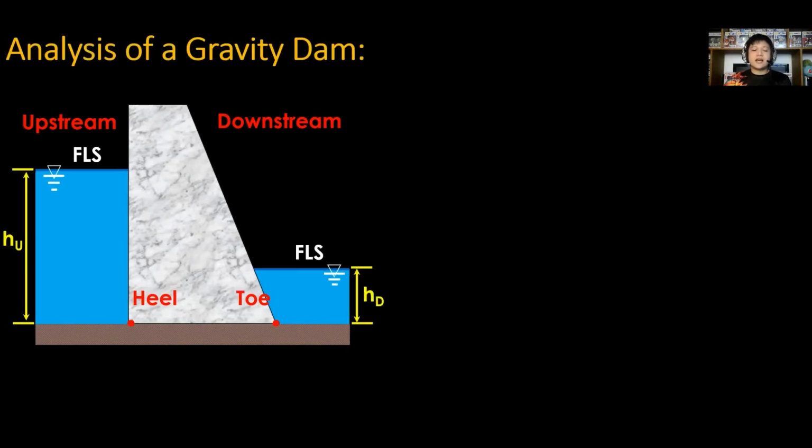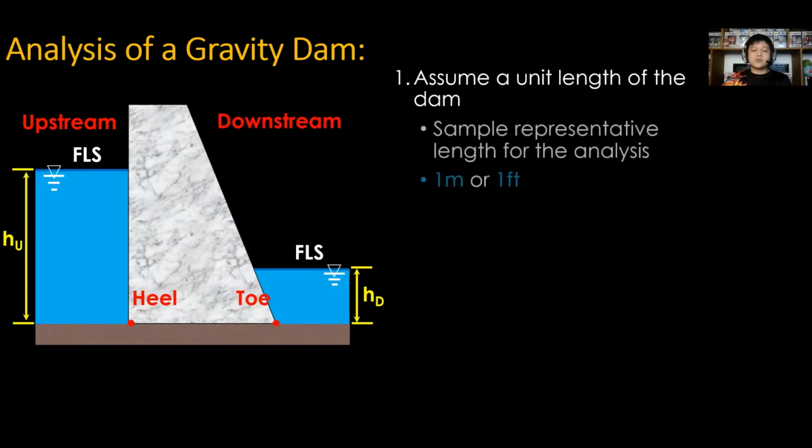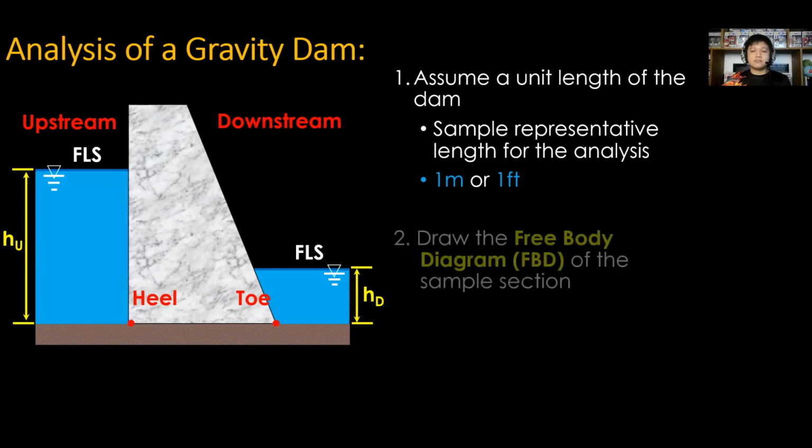Then let us take the analysis of a gravity dam. First, assume a unit length of the dam, which serves as a representative length for the analysis, either 1 meter or 1 foot. Second, draw the free body diagram or FBD of the sample section.